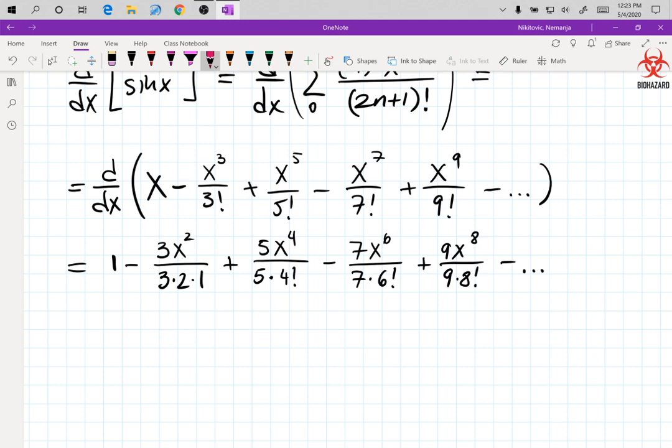Now I'm going to cancel all of these, and you end up with what? 1 minus x squared over 2 factorial plus x to the 4th over 4 factorial minus x to the 6 over 6 factorial. Hey, that's all evens, right?